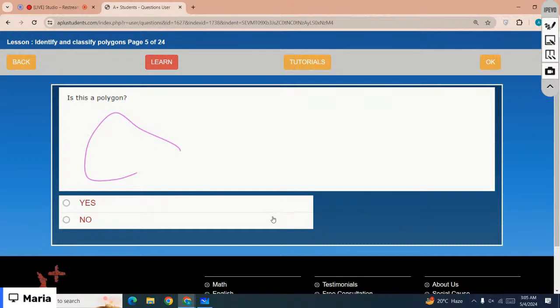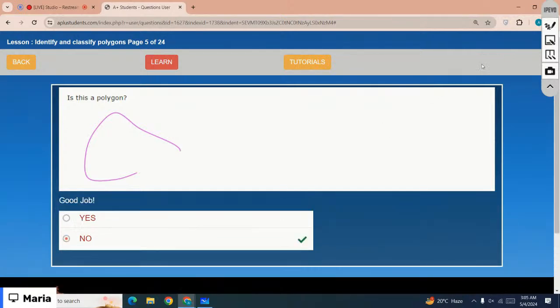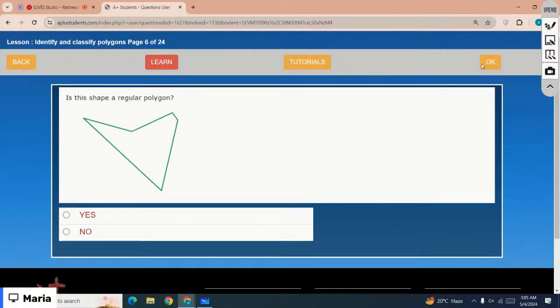The correct option is no. Is this shape a regular polygon? The correct option is no. This isn't a regular polygon, right?